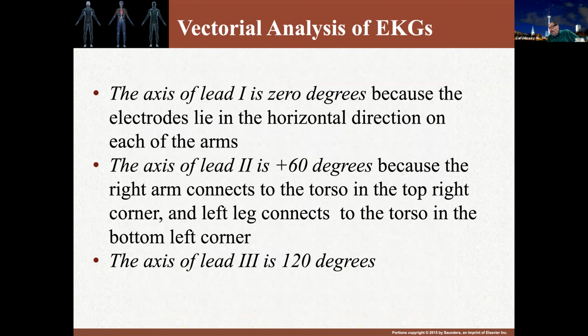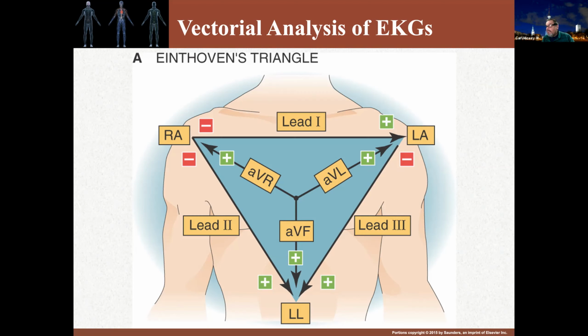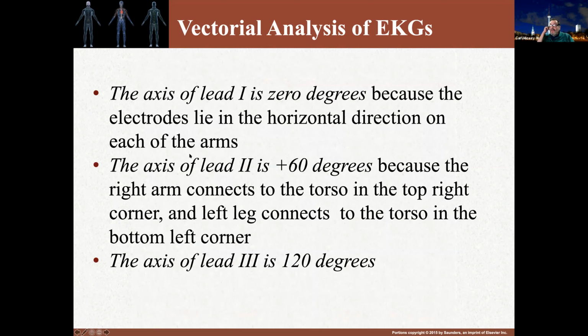The axis of lead 1, remember, was horizontal. There it is, running across. So therefore, this is 0 degrees. It's on the line. The axis of lead 2 is plus 60.